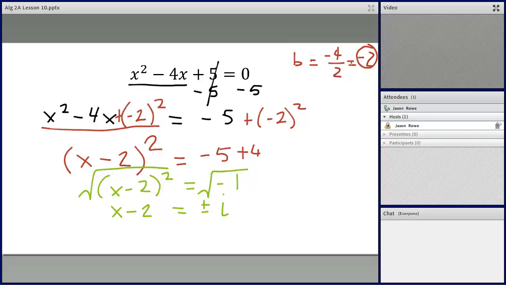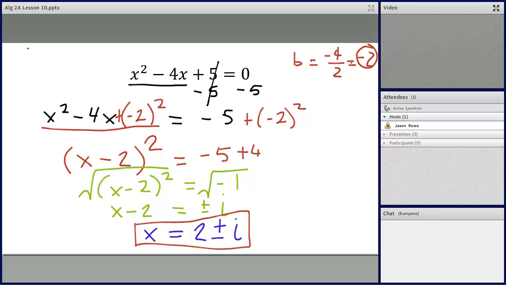Remember, we're in Algebra 2 now, so we know the complex number system. So then the final step is to isolate x. We're going to isolate x by adding 2 to each side, and x is going to equal 2 plus or minus i. That, ladies and gentlemen, right there, that is the answer we are looking for.